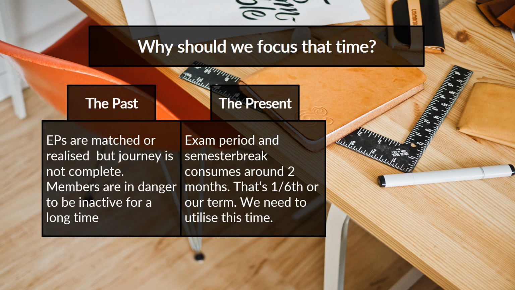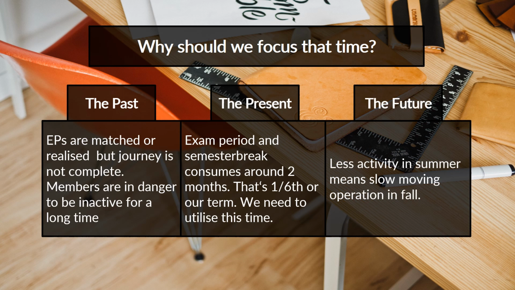As in the current state, we have 2 months where we are in danger that nothing happens. And we need to utilize this time as good as possible. So in the future, so in fall, after the summer peak, we do not slow down in operations and just make the future a good one.